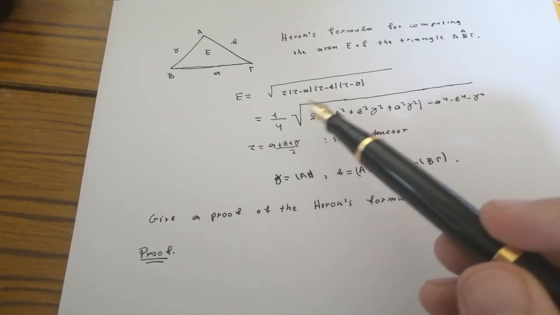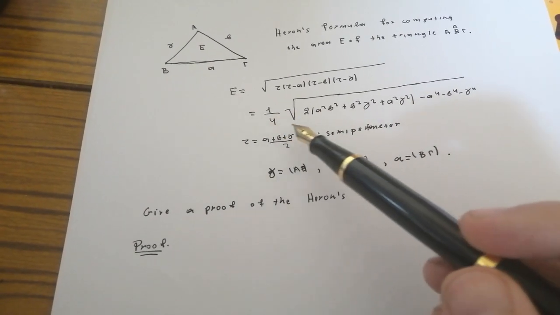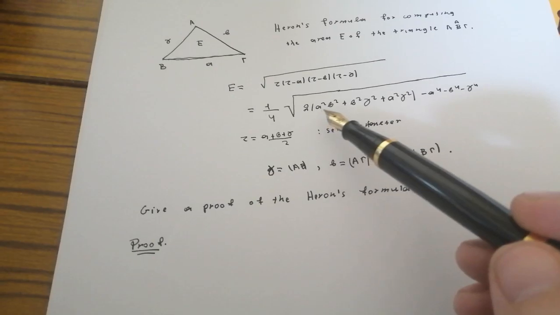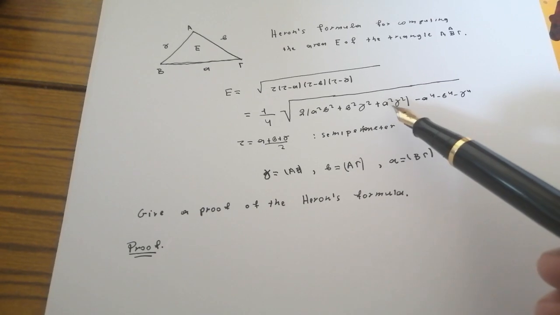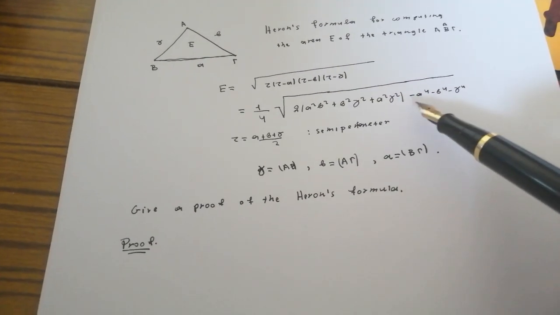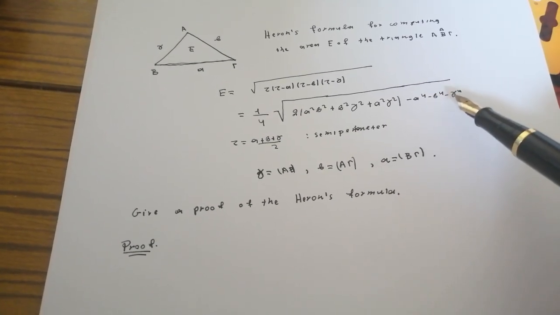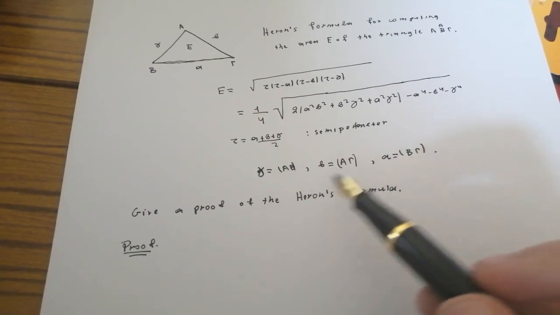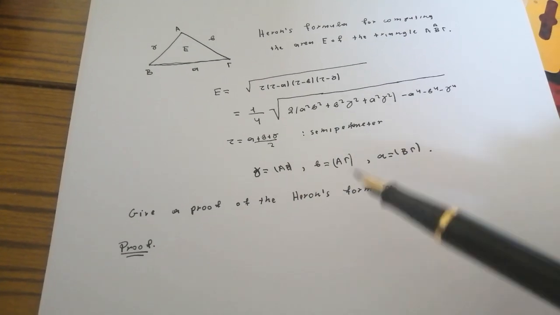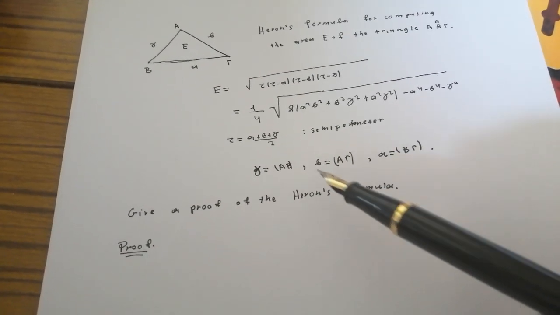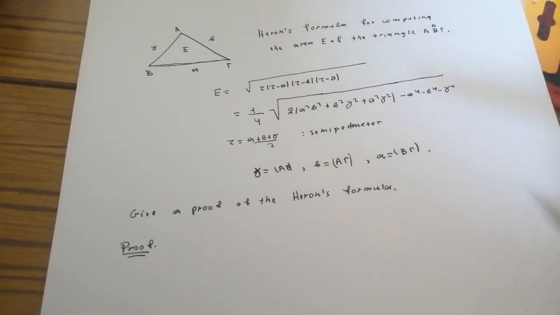This can be rewritten, doing some trivial calculations, as 1 over 4 times the square root of 2 times (alpha squared times beta squared plus beta squared times gamma squared plus alpha squared times gamma squared), minus alpha to the fourth power minus beta to the fourth power minus gamma to the fourth power, where alpha, beta and gamma are the lengths of the sides of the triangle, and tau is the semi-perimeter, which is alpha plus beta plus gamma over 2.